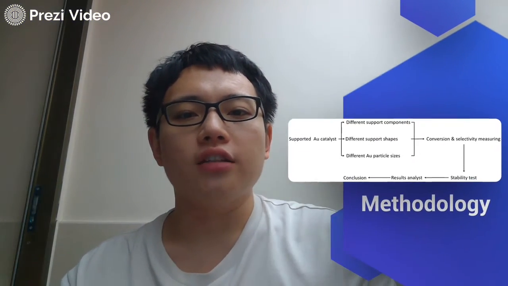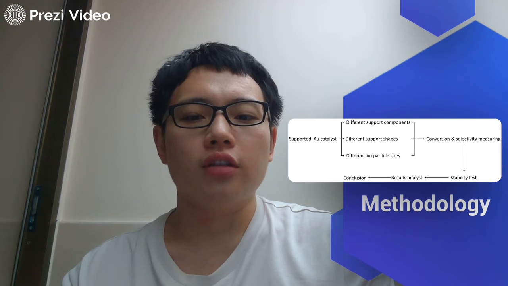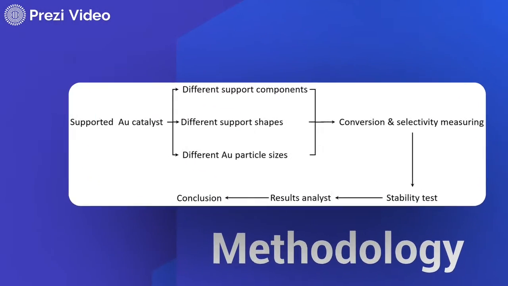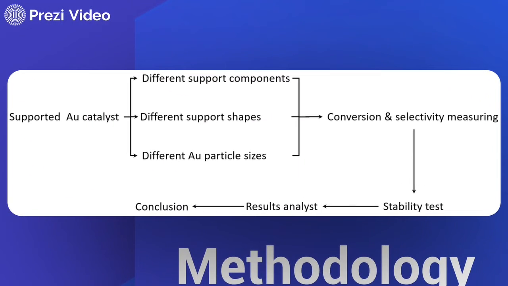I choose 3 factors to study the performance of supported gold catalyst. There are different support components, different support shapes, and different gold particle size. We need to measure the conversion of MAL and selectivity of MMA, and also need catalyst stability test.